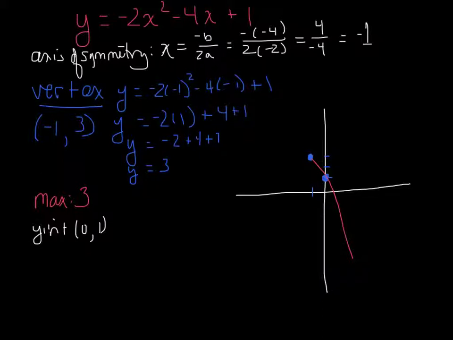So since I know from my vertex I've got a point at this height and this far away from the middle of my graph, that line x equals negative 1, I can go over in the opposite direction that same distance and put a point at the exact same height. By doing that I'm using symmetry, and the other part of my graph is right down here. And now I've got my parabola.